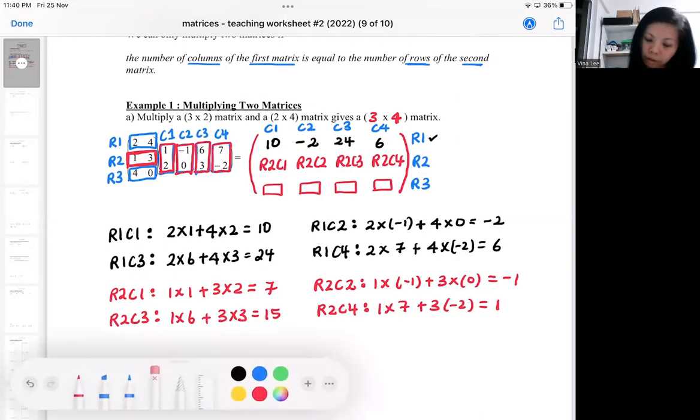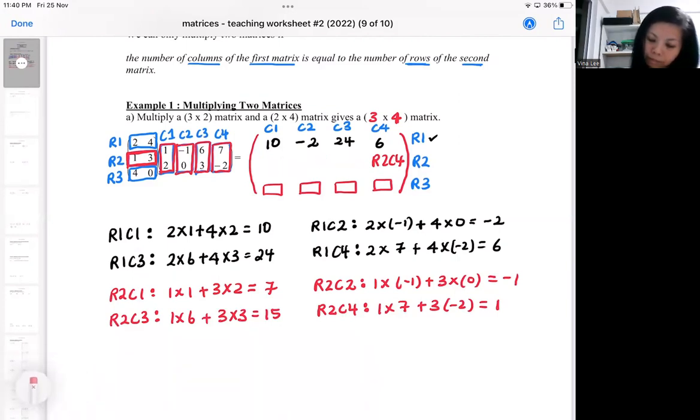So now everything is filled up. So I will get 7, minus 1, 15 and a 1. So the second layer filled up. We are going to go to the third layer.